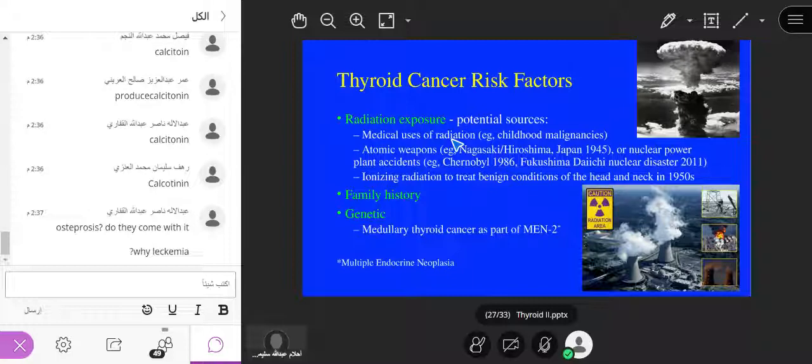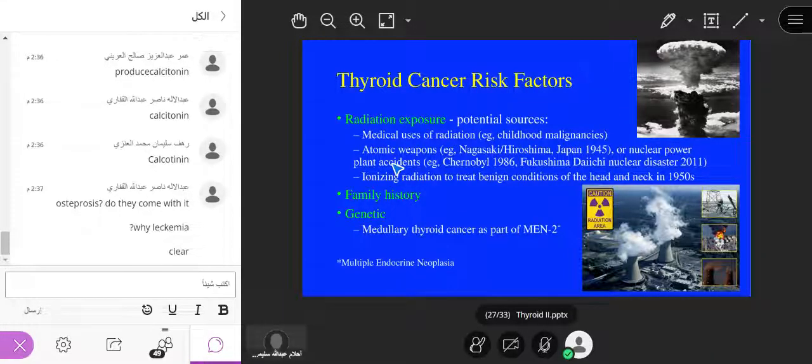No, the high dose radiation that's given in malignancy. Atomic weapons are the most dangerous, and that's why people in Ukraine now worry about their thyroid and go get protective treatment, because use of atomic weapons can increase the risk, like what happened in Japan and Chernobyl.